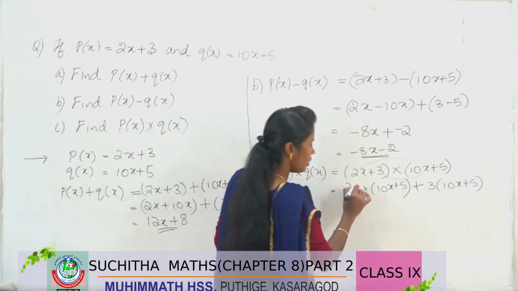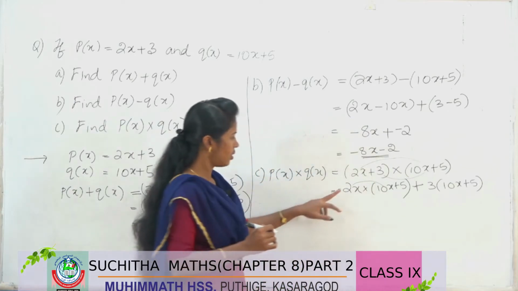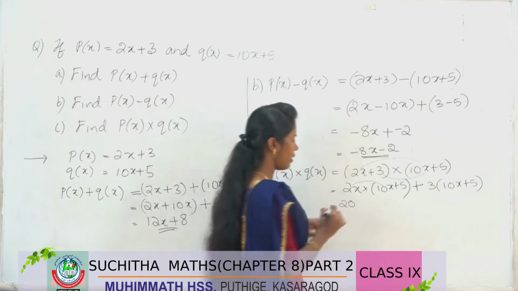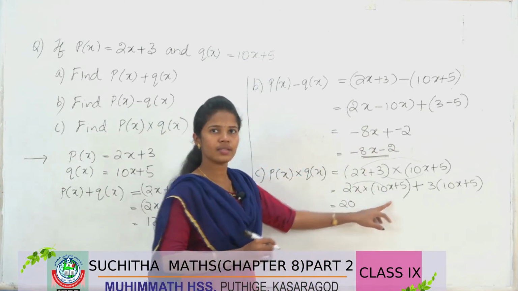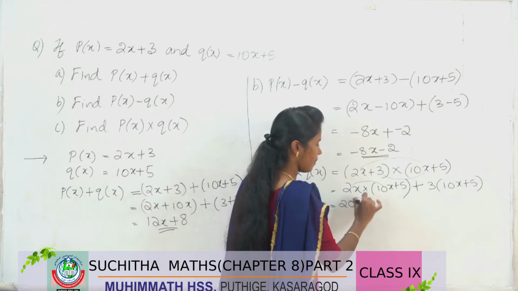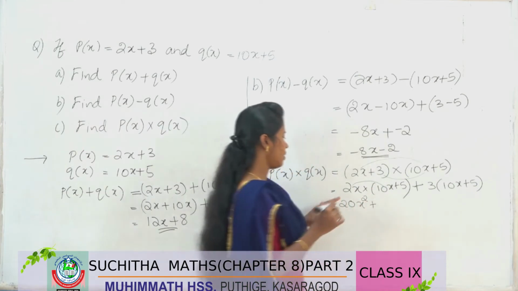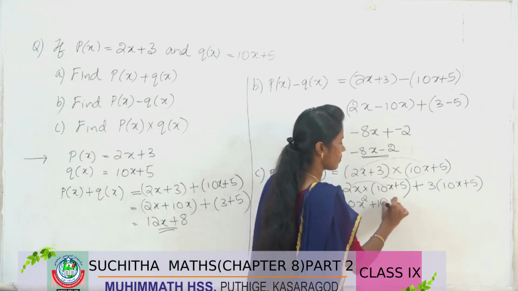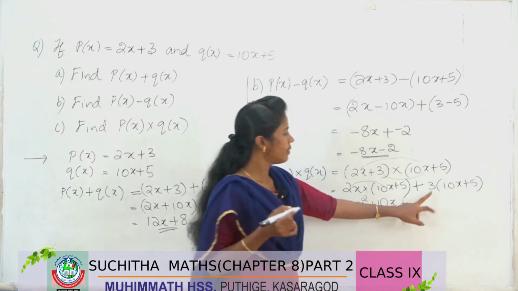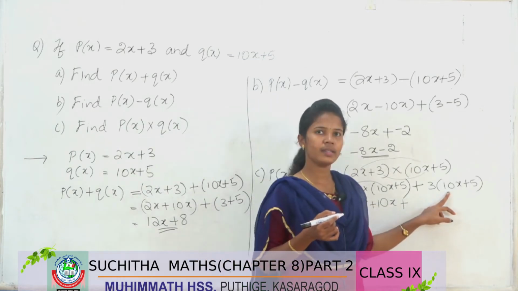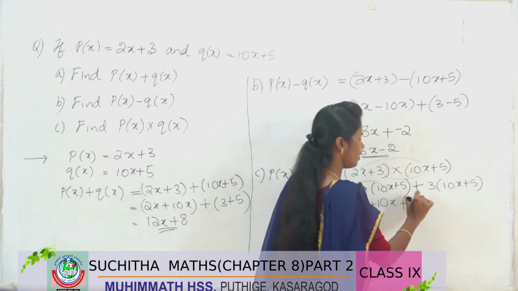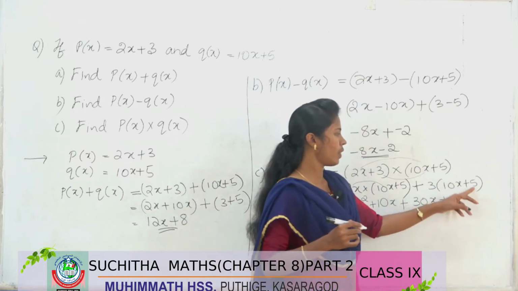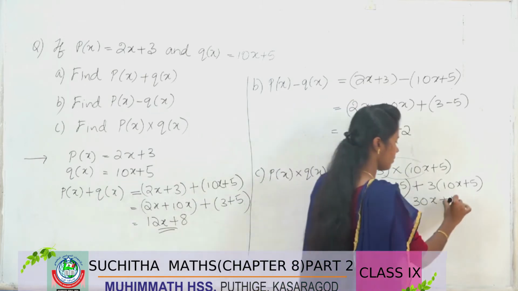Then here 2x into 10x: 2 into 10 is 20, then x into x is x square. Plus 2x into 5 is 10x, plus 3 into 10 is 30, 30x, plus 3 into 5, 15.